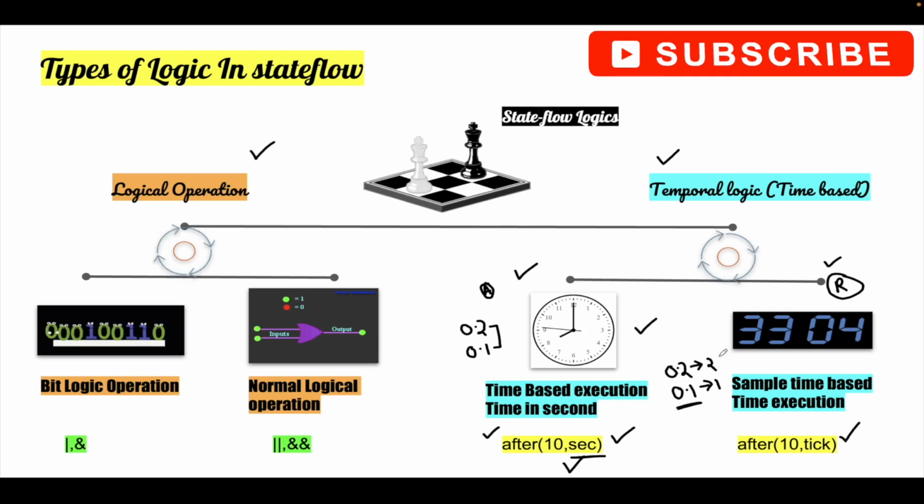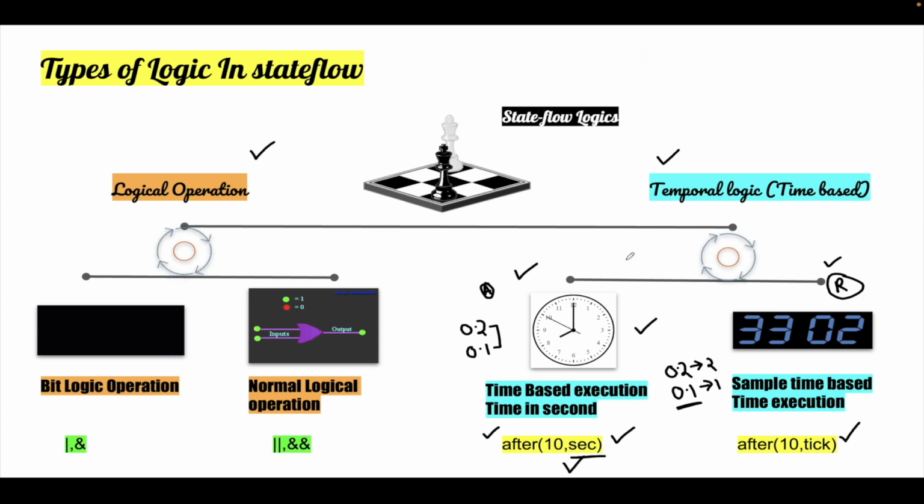That is why it is called a relative time logic. In summary, whatever we have considered on the right hand side is basically time based logic, where something becomes true when the time expires.